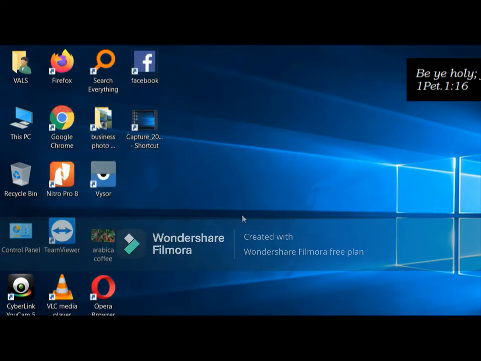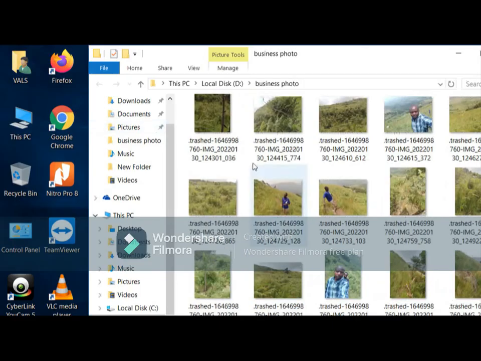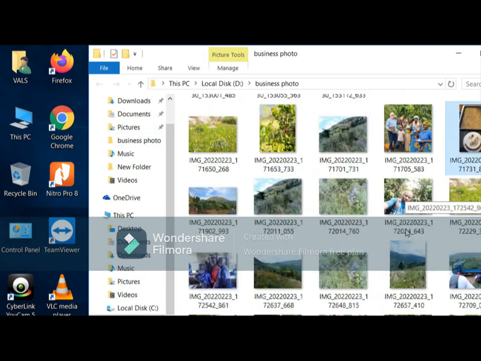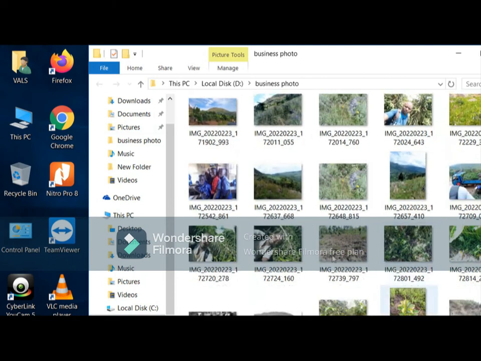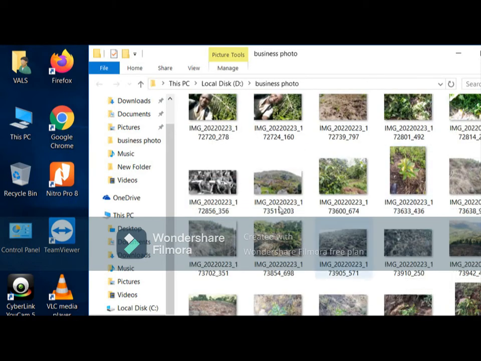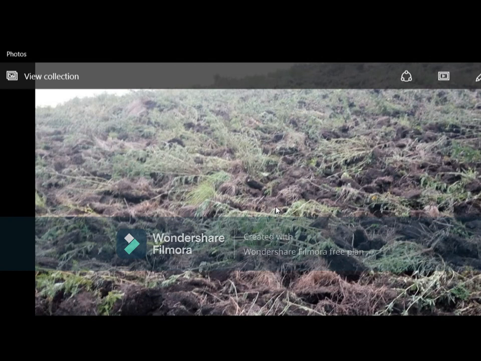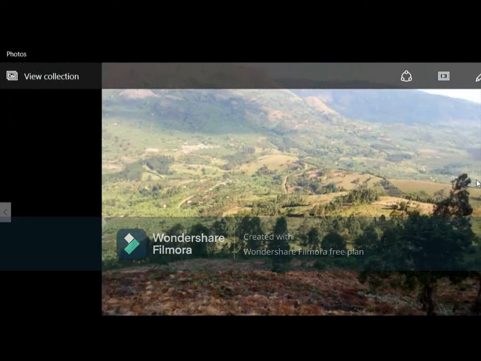Because 10 tons, if you consider such an area, let me show you. You consider such an area which is under coffee.